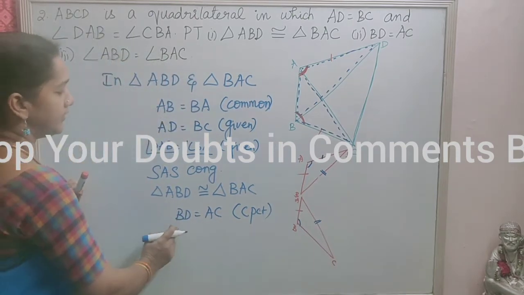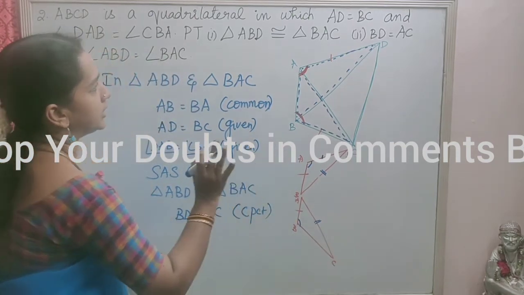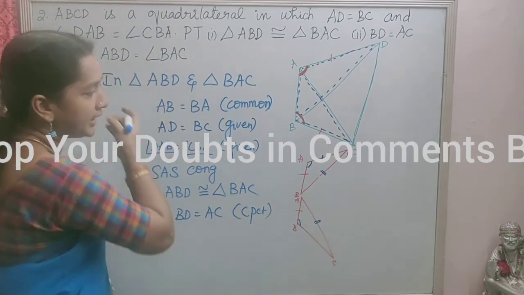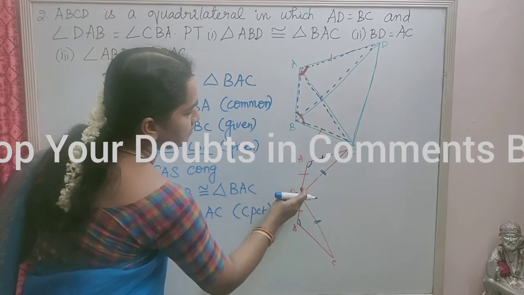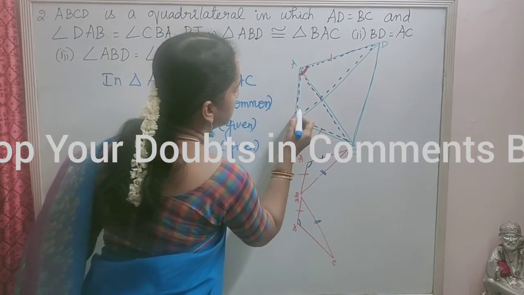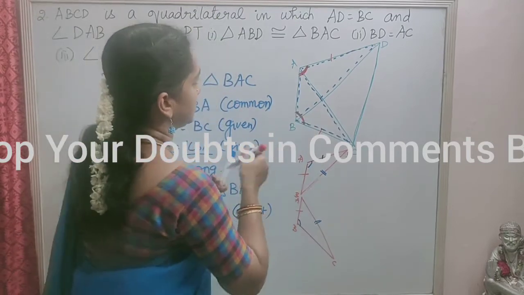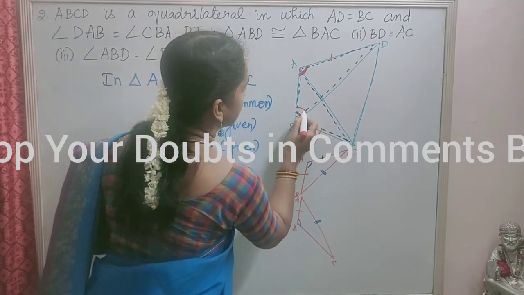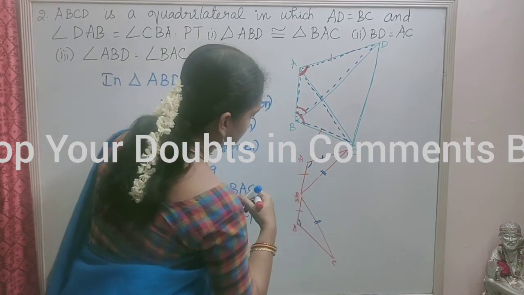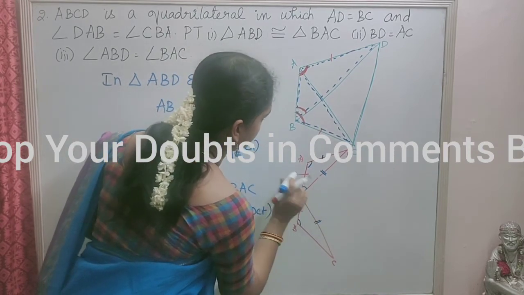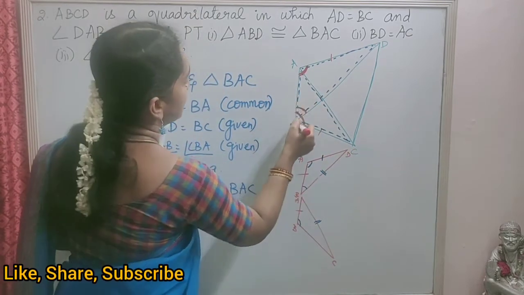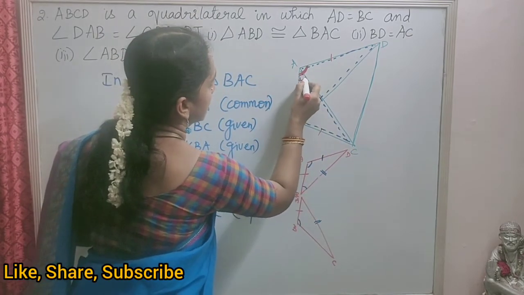Then one more thing is angle ABD, this angle of triangle ABD, and angle BAC.